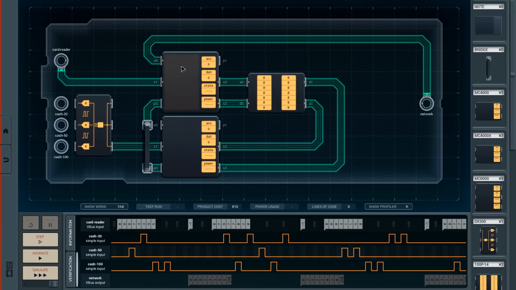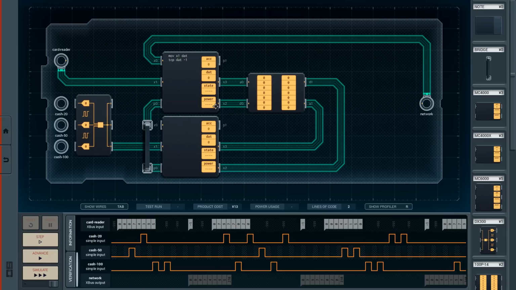Okay, so let's start reading across the network. It's non-blocking XBus, so we need to start every single loop with move X1 into the DAT register. Then we do a TCP test, comparing DAT against -1.